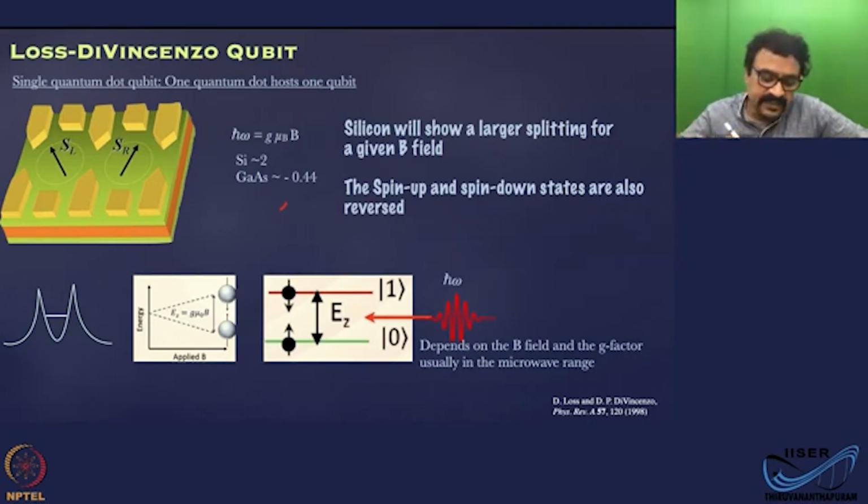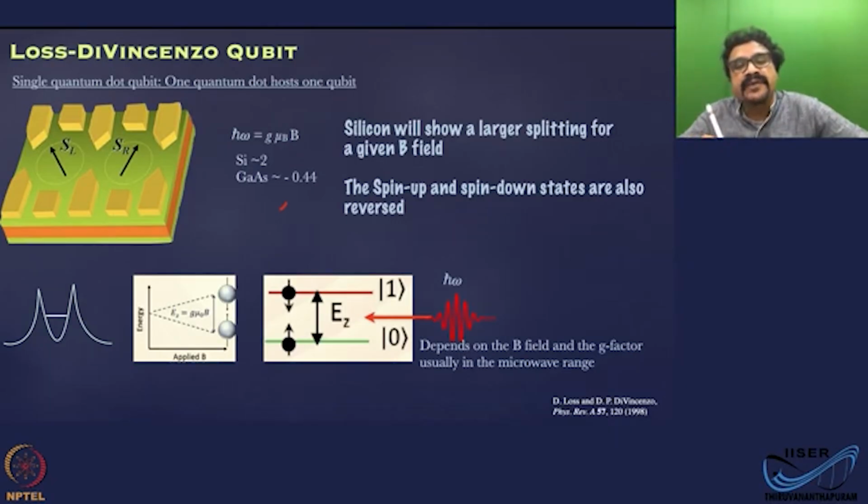The idea here is these are individual quantum dots hosting one electron in each, which you can represent like a simple parabolic well, just one electron trapped. You apply a magnetic field, and this state will split into two states, up and down. The separation between these two states is given by an energy scale g mu_B B, where g is the g factor, mu_B the Bohr magneton, and B the field.